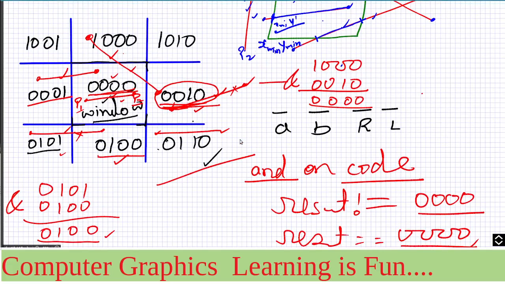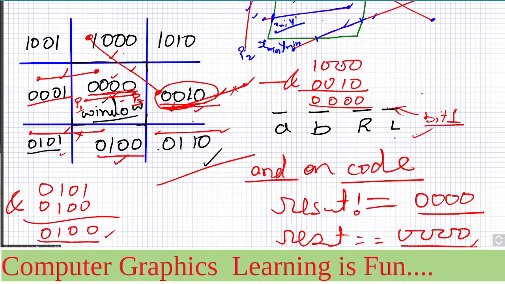Let me repeat again what we have seen. We have a window and we have given coding for each place. There are 9 possible places. One is inside the window, where everything is 0,0,0,0. We are specifying the coding in 4 bits, starting from the left, from this position. Let me call it bit 1.